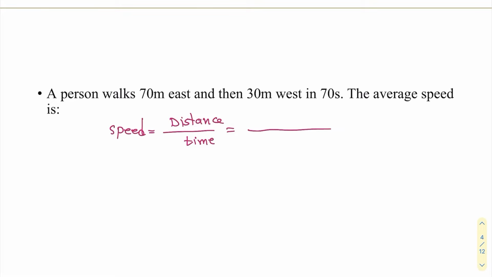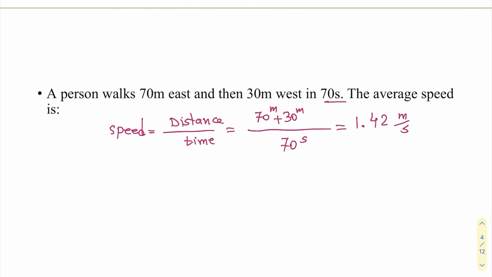And total distance here is 70 meters plus 30 meters, and that's it. Divided by 70 seconds, which is equal to 1.42 meter per second. So this is the speed.